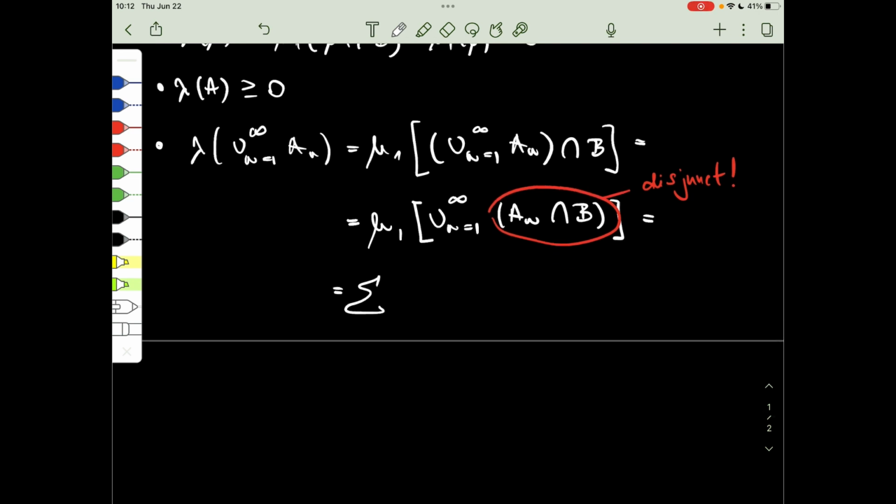We also use the fact that mu1 is a measure. So in its case, the adding up property holds with no problem. So yes, the adding up property holds for lambda. So lambda is a measure.